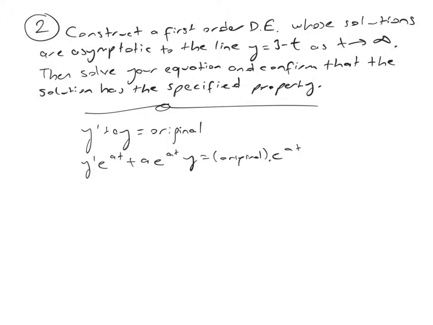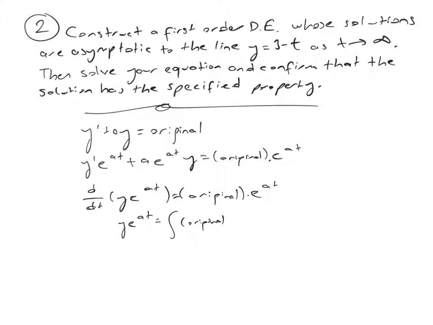By using the product rule for derivatives on the left hand side of our equation, we get d over dt of y times e to the at is equal to the original part times e to the at. And from here, y e to the at is equal to the integral of the original part times e to the at dt plus the integration constant c. Let's call this integral capital A.